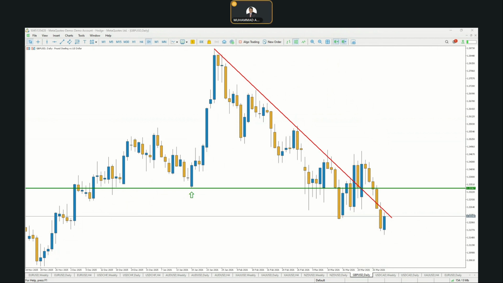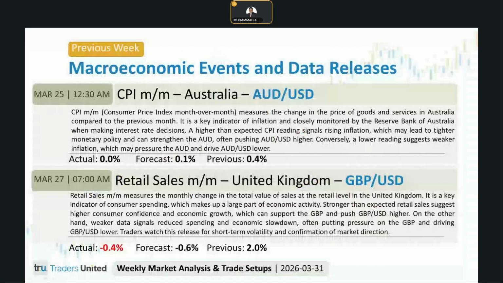Overall analysis and key takeaway is UK retail sales declined to minus 0.4%, below the previous reading of 2.0%, confirming a slowdown in consumer spending. Although the result was slightly better than forecast, the market focused on weaker monthly demand, which pushed the GBPUSD lower after the news release.